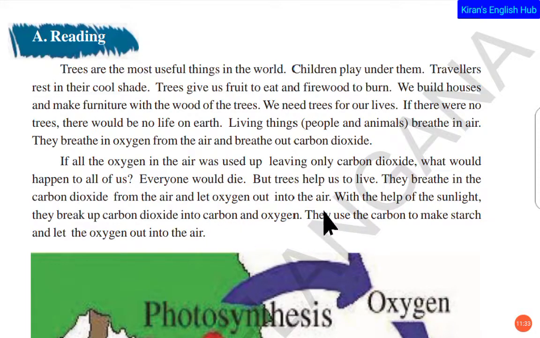This oxygen is again left and we take it. The carbon that is left inside the tree is turned into starch. Okay, the starch is used by the trees to produce the fruits, food and all. So in all the ways, either with the oxygen or with the starch, trees are helping in both ways.